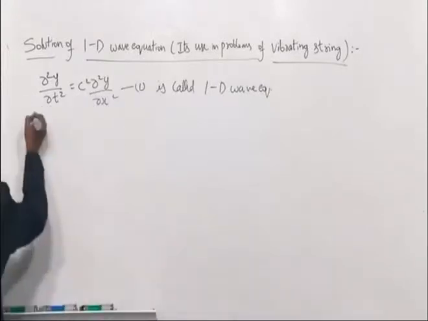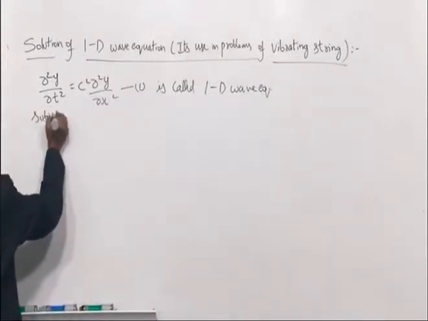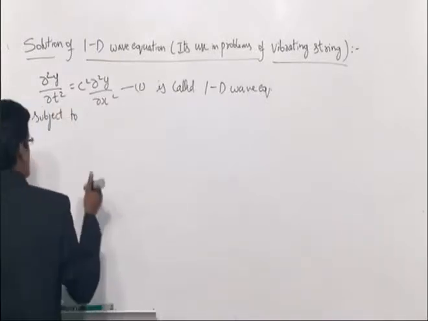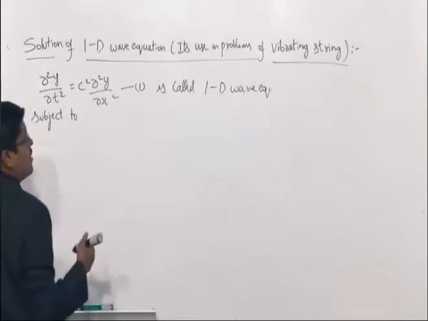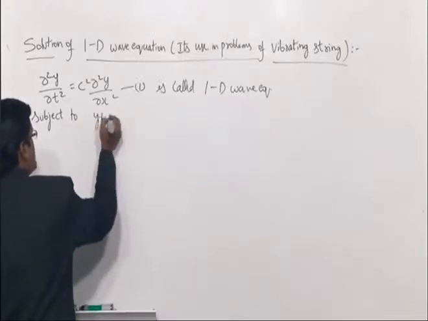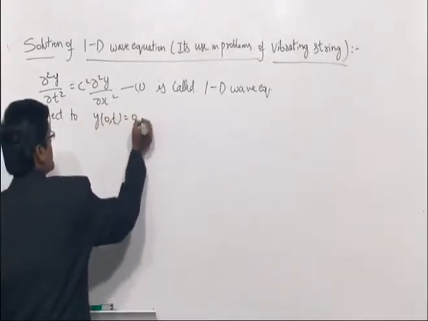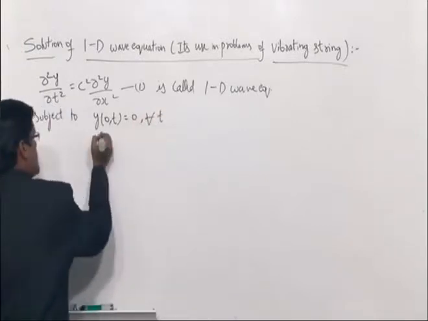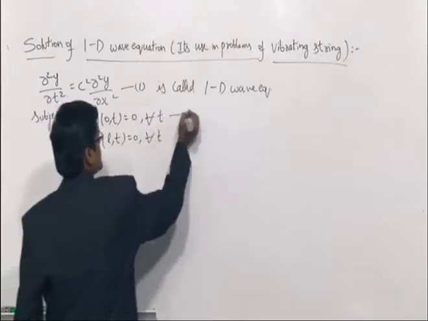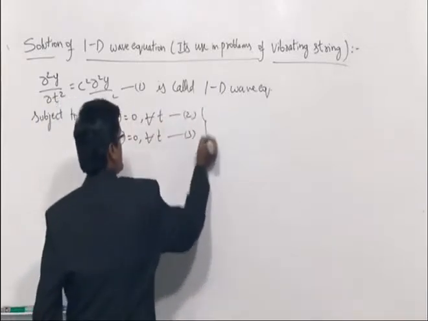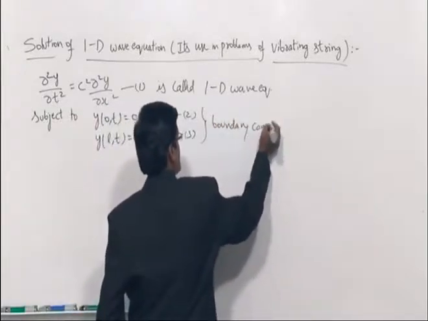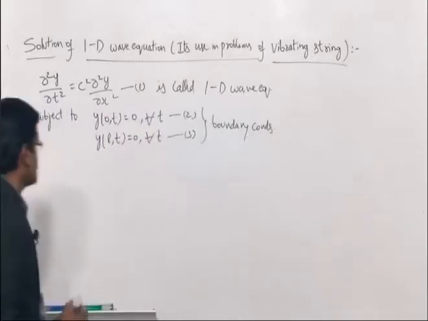Okay, subject to two boundary conditions and two initial conditions, because this is a hyperbolic PDE. y of 0 comma t is equal to 0 for all t, y of L comma t is equal to 0 for all t. So this is 2, this is 3. These are boundary conditions.